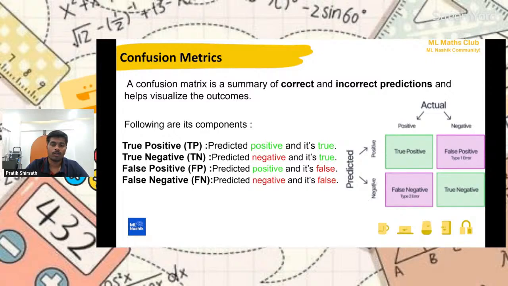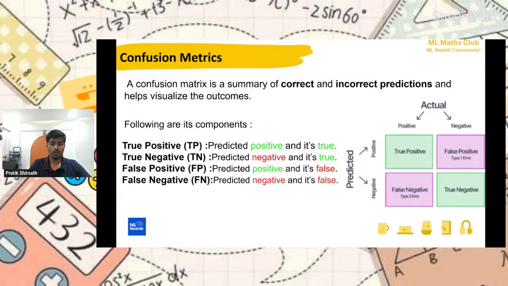When the model predicts some instance as negative, but in actual it is a positive data, then we say it is a false negative. And the last but not the least is true negative, which is when the model predicts that it is negative and in actual it is negative. So this is nothing but the true negative.